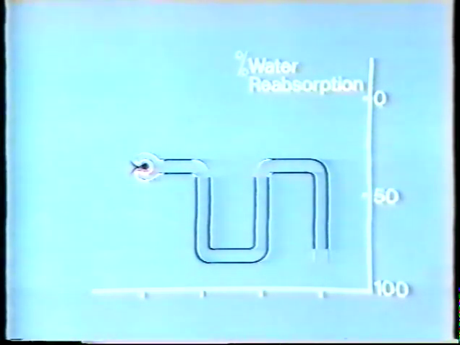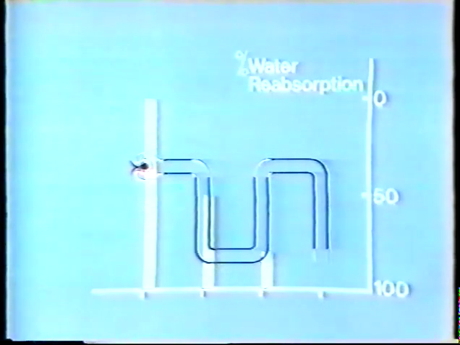In the glomerulus, there has been no reabsorption. But by the end of the proximal tubule, 50% of the water has been reabsorbed, and by the early distal, 80%. However, when we look at the final urine, over 99% has been reabsorbed.